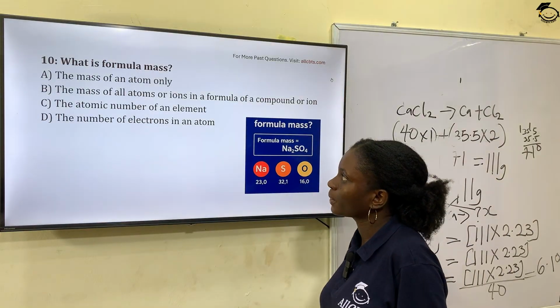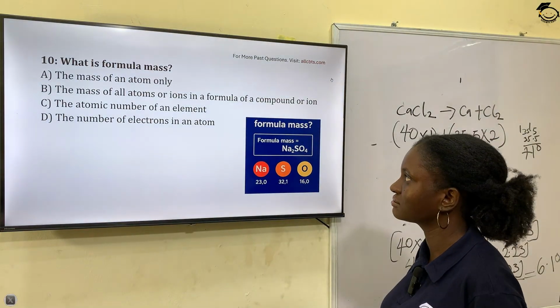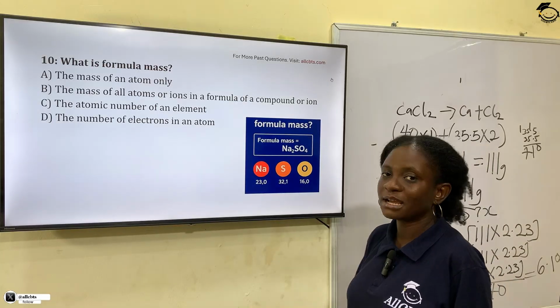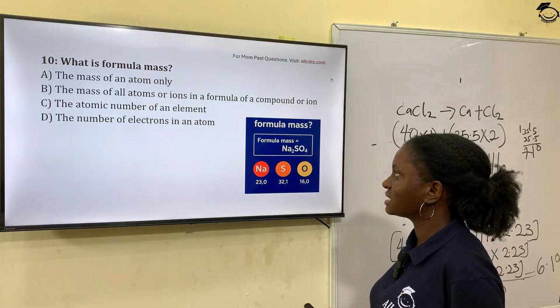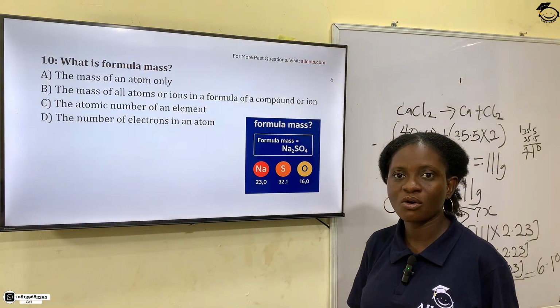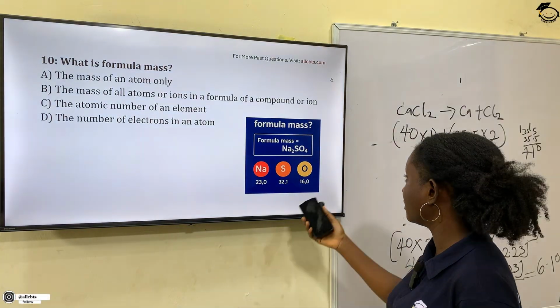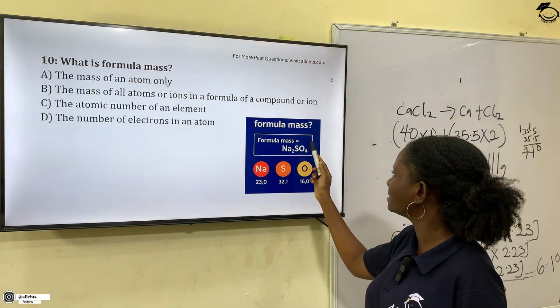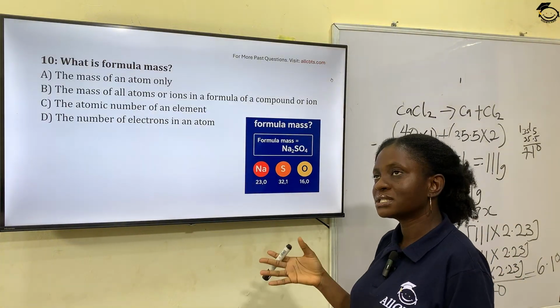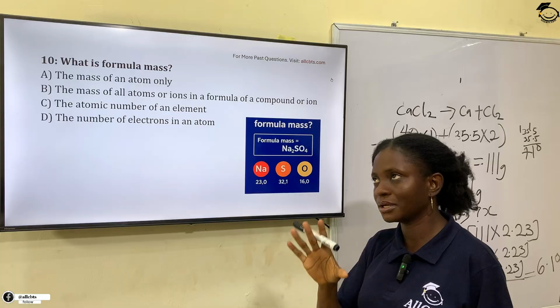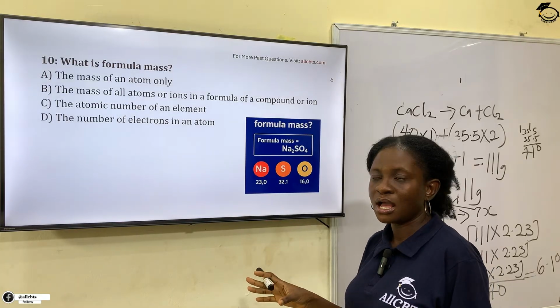Question 10. What is formula mass? Formula mass is the mass of atoms or ions in a formula. Like, for instance, now you have a recipe for a cake.